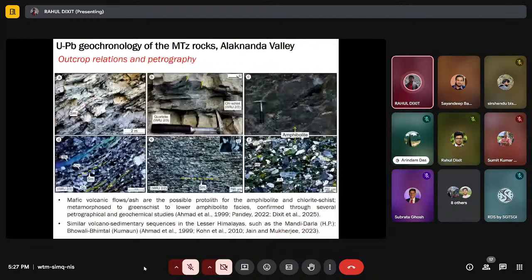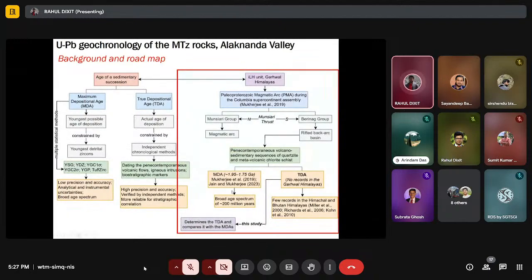Many workers have adopted different statistical criteria, and because of that we have got a broad age spectrum of 200 million years. Some people say the age is 1.95 to 1.75, and this is within the same Garhwal Kumaon Himalaya only.